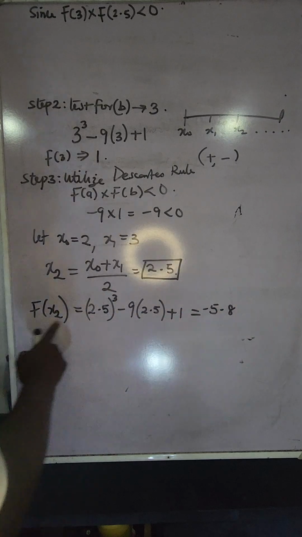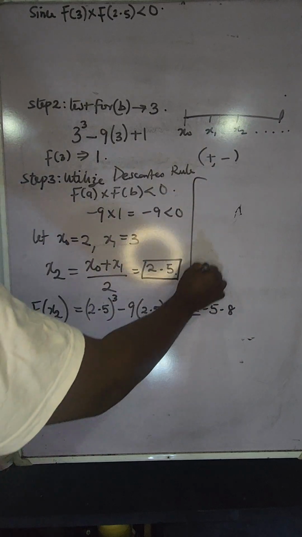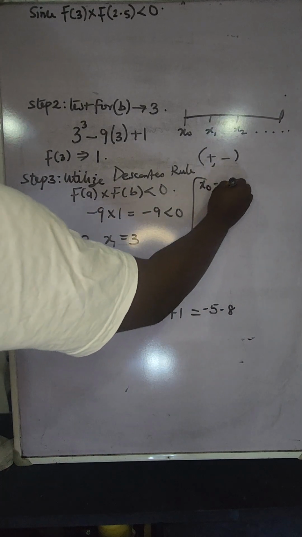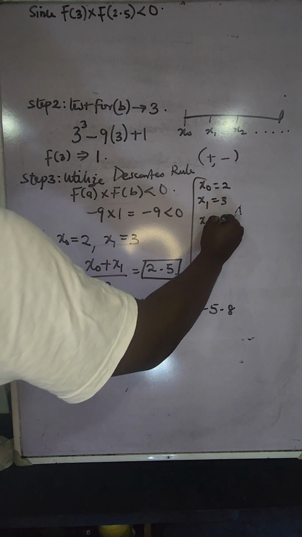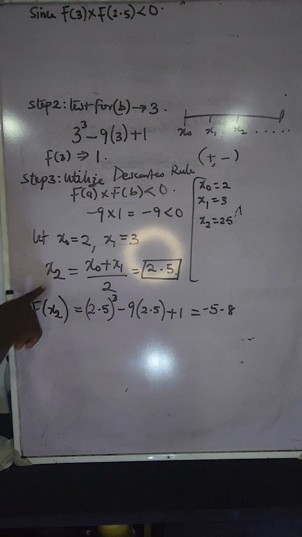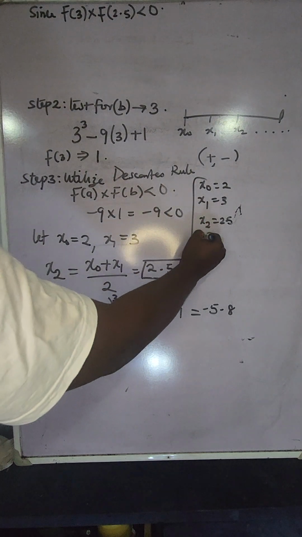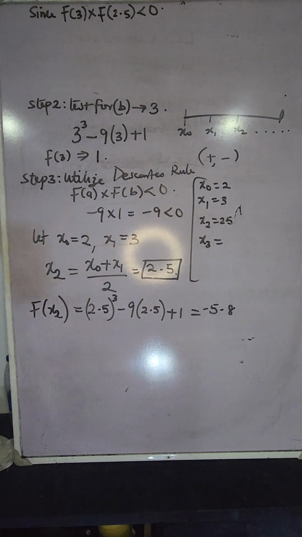Now we have in our bracket x naught to be 2, x1 to be 3, x2 to be 2.5. We are going to x3. True or false? We are progressing.